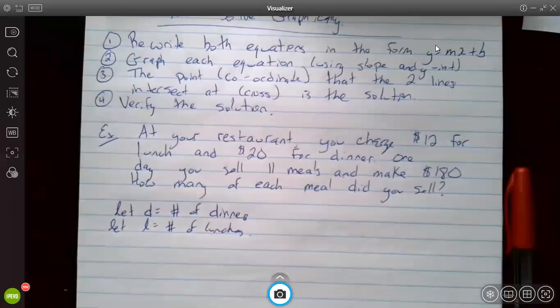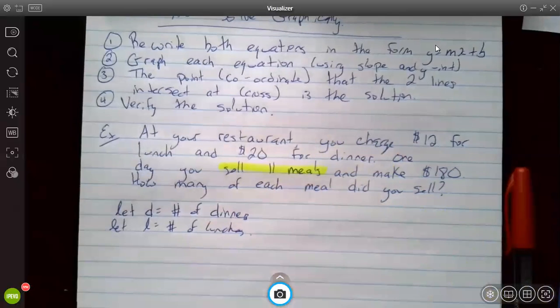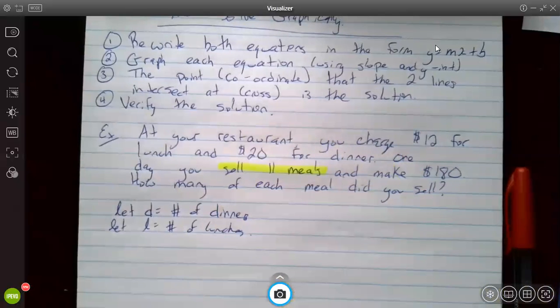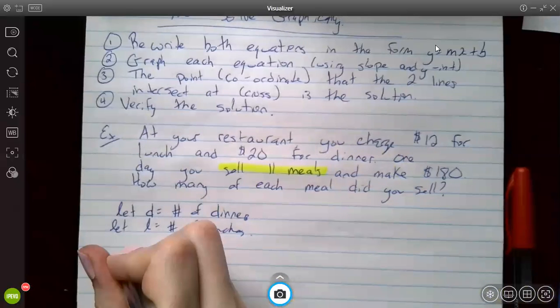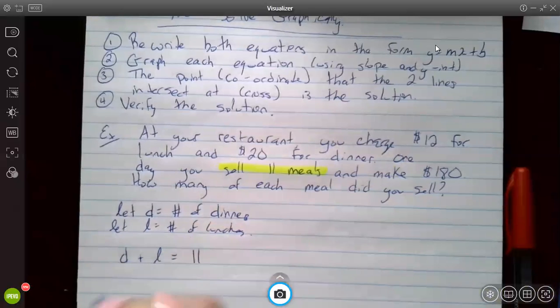The easiest thing to write is just the fact that I sold 11 meals, which means that the number of dinners plus the number of lunches must have equaled 11.